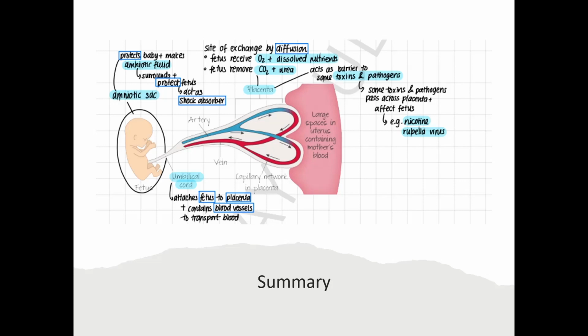So, the umbilical cord, connected from the belly button, is what attaches the fetus to the placenta and contains blood vessels to transport blood. Okay. So the function of the placenta is to provide oxygen and nutrients, remove urea or any other waste products, and it is connected to the uterus lining.